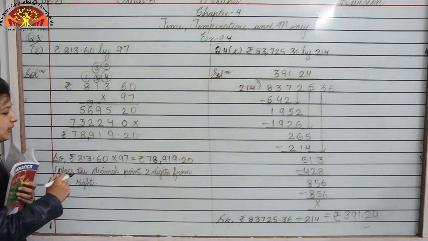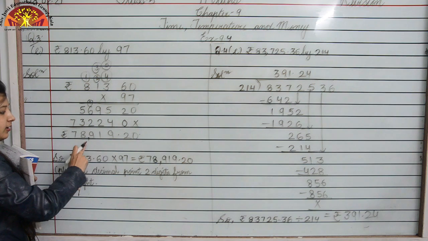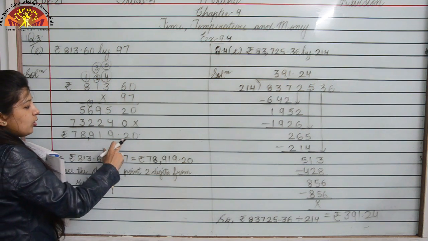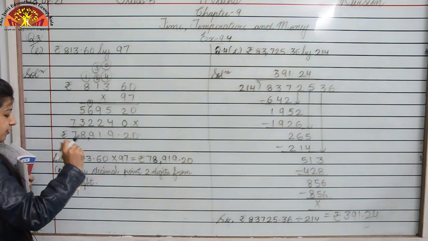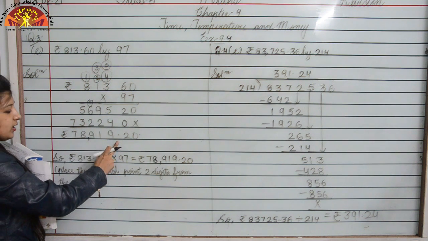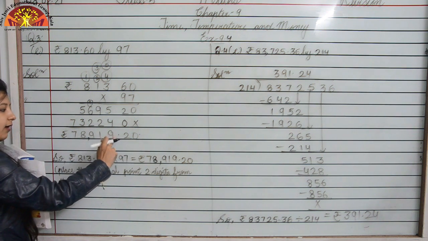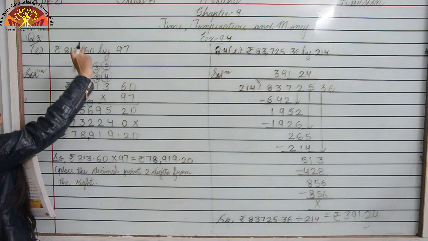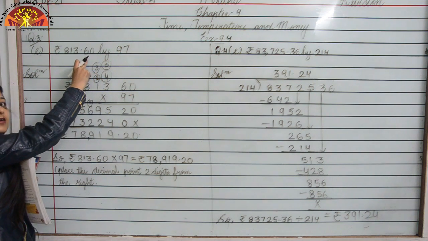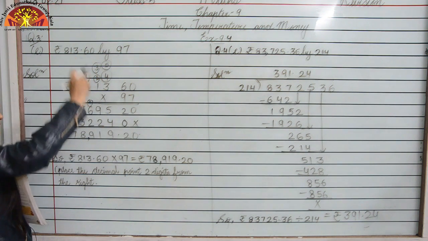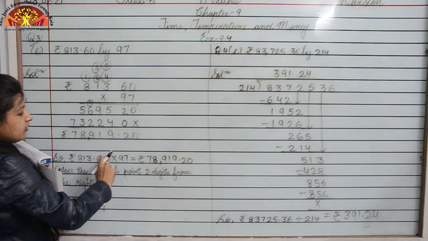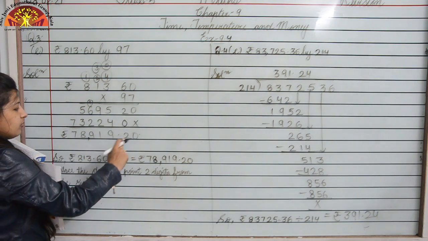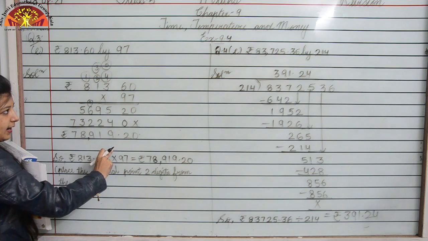So the answer will be 78,919.20. We will place the decimal point 2 digits from the right hand side because there are 2 digits in the decimal part. So we will put the decimal 2 digits from the right.